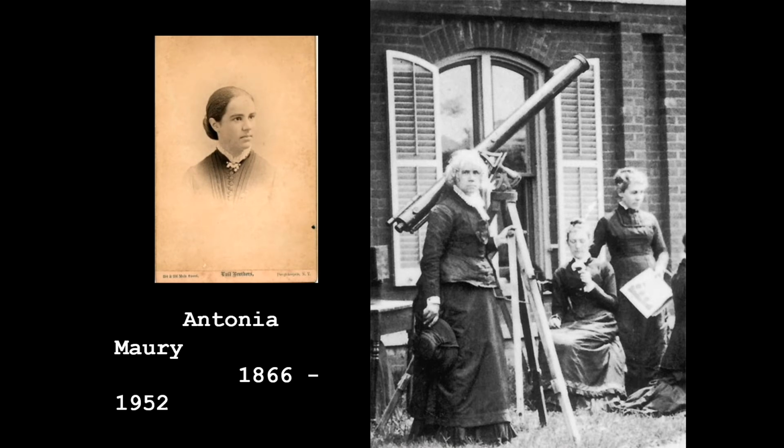In addition, the women who worked at the observatory rarely had more than a high school education at first, but that was all they needed. If they were smart and they were good at numbers, they could learn what needed to be done. But Antonia Maury was the first one who came who had a college education.